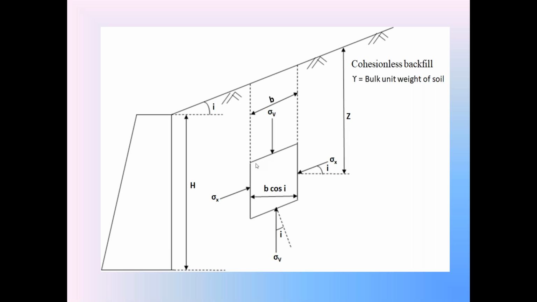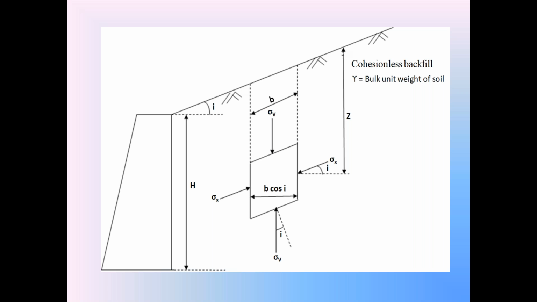Check the soil element. The vertical sides of the soil element, these two sides are the vertical sides, whereas the top of the soil element is an inclined surface. We are going to discuss the derivation of Rankine's active earth pressure acting on the retaining wall when this backfill top surface is an inclined surface.